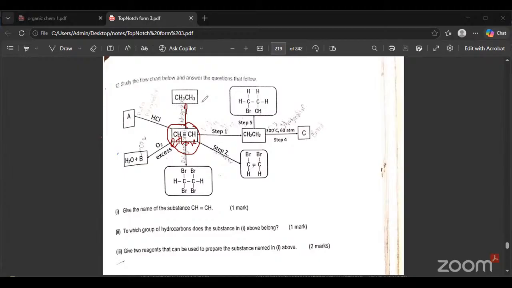Hydrogens ilikuwa moja moja na ile side ingine hapa imekuwa tatu tatu, so what is this? Hydrogenation. Ethene. Na hiyo ni C2H6.